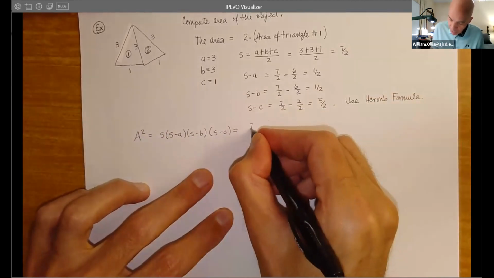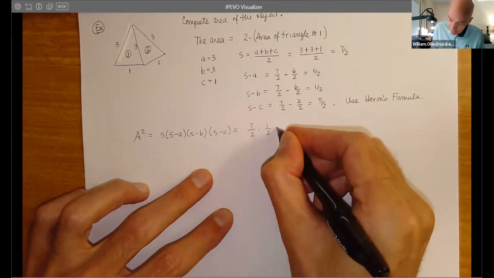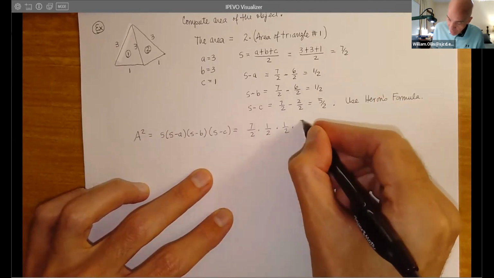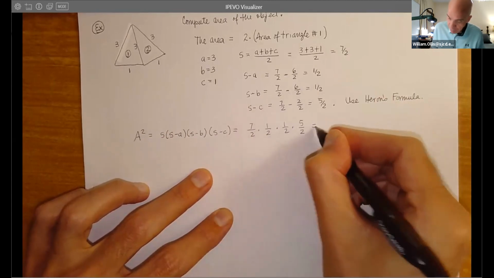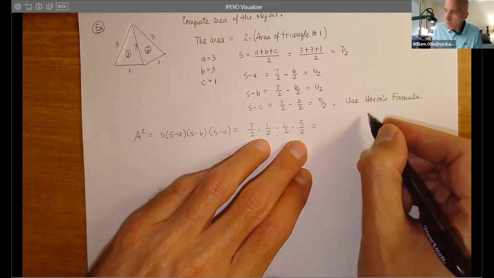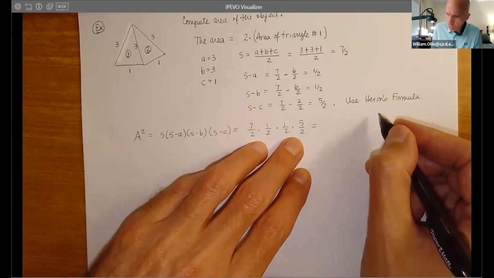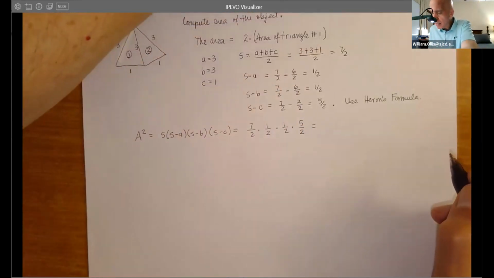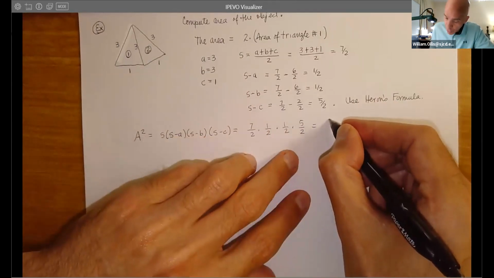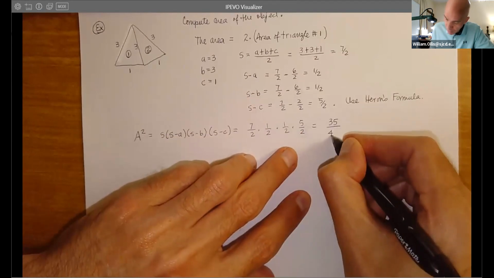We get what? 7/2 times 1/2 times 1/2 times 5/2. So now if you look at that, that's just 4 times 4. So that's a 4 squared, you know, in this particular case. Now, let me just say this. 7 times the 5 is 35. So let's write it this way. So it's easy to square root.